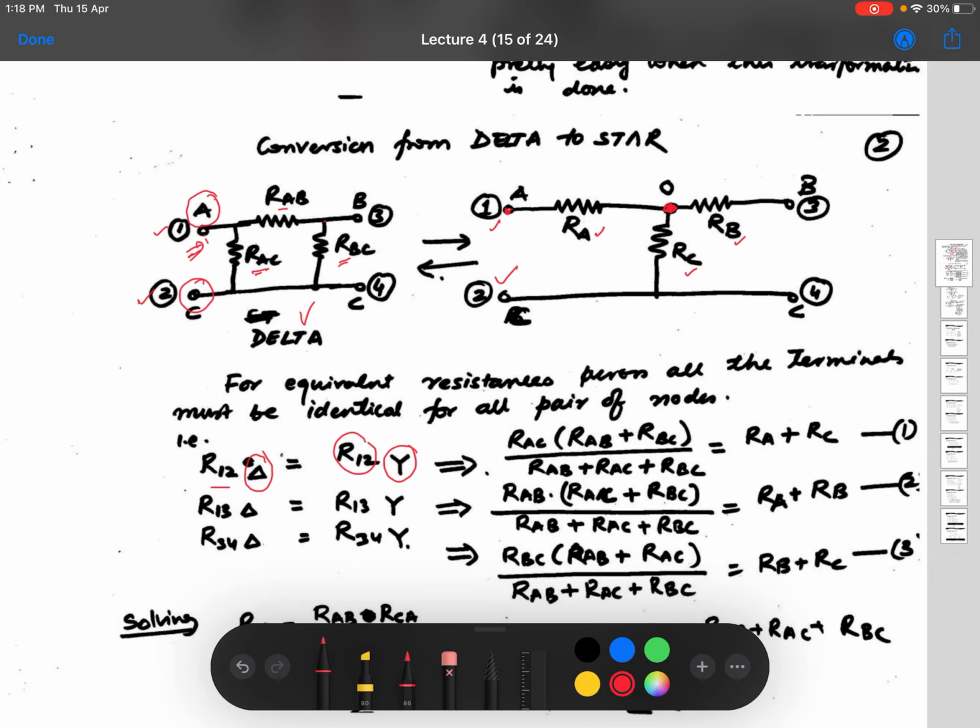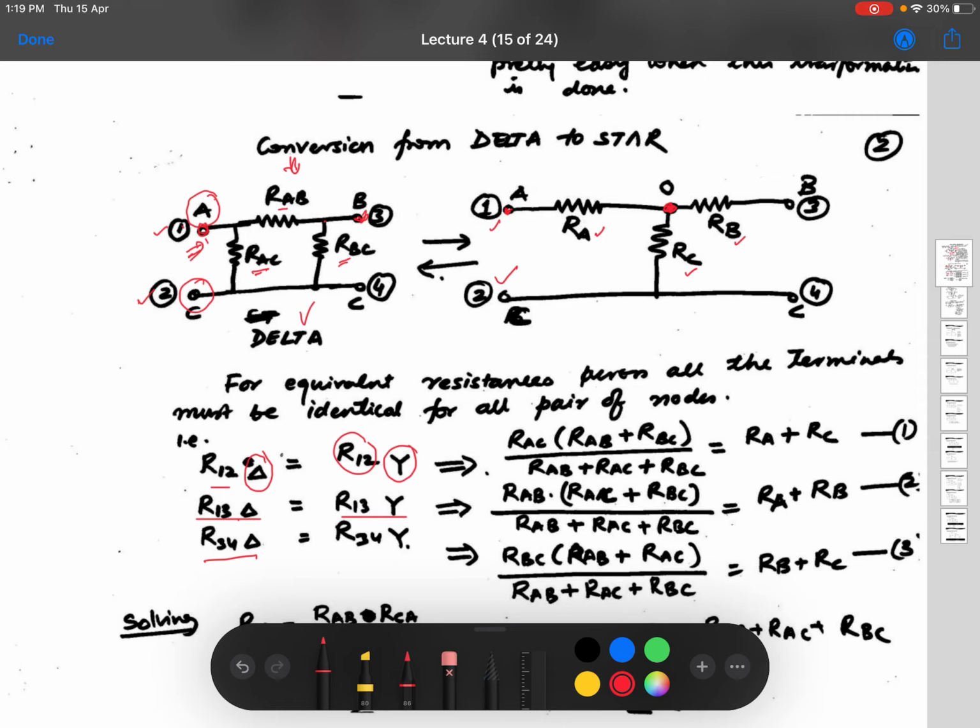Okay, and if I want the two circuits to be equivalent, these two have to be equal. Similarly, I see from terminals 1 and 3, between these two terminals, and call it R13 delta and R13 Y, and these two should be equal.